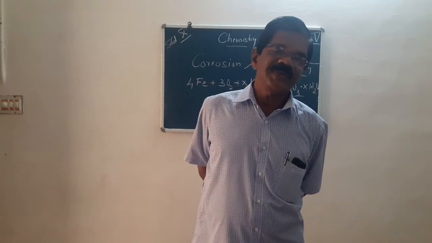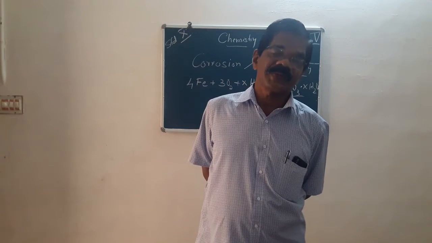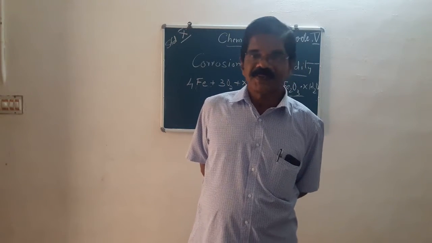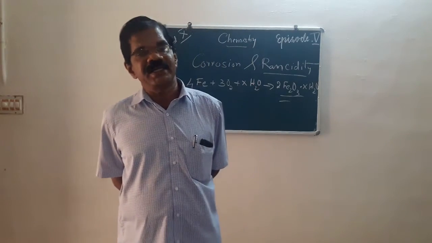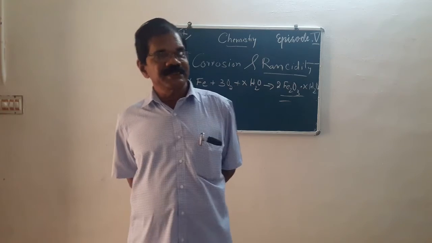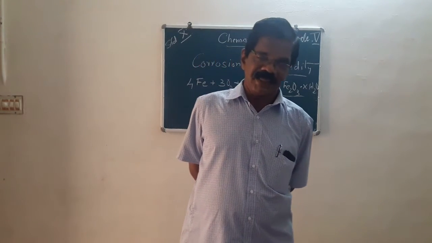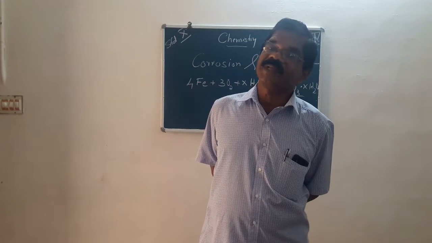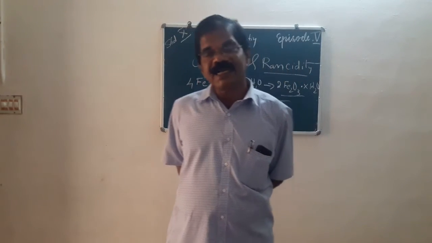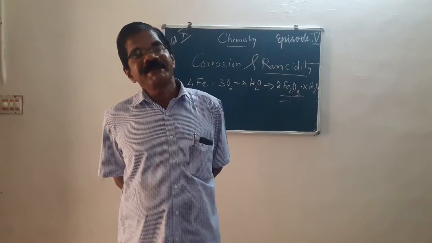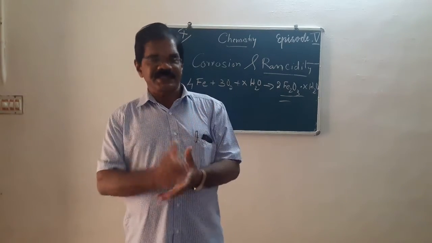So how can we prevent corrosion? By applying paint to the surface. What is the principle involved in it? We already studied that corrosion takes place when a metal is exposed to air. So the principle involved in painting is to prevent contact with air.